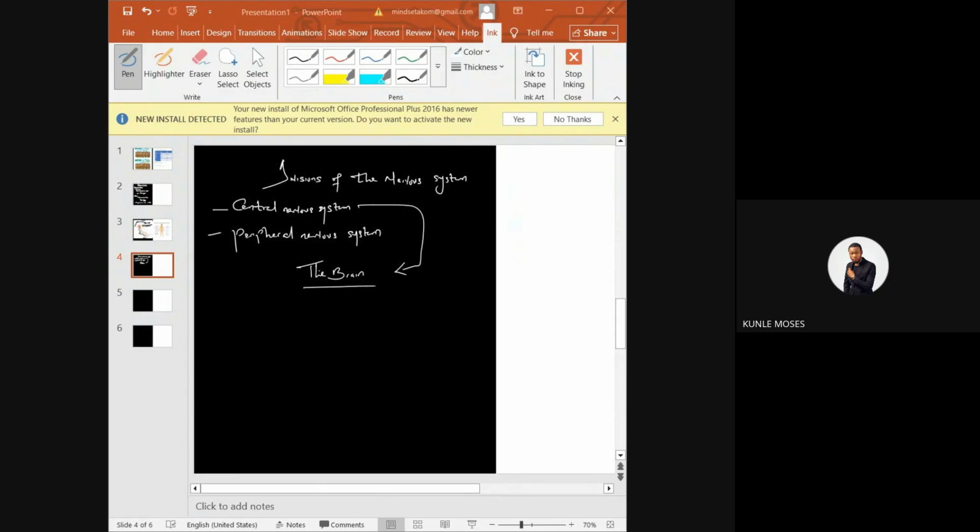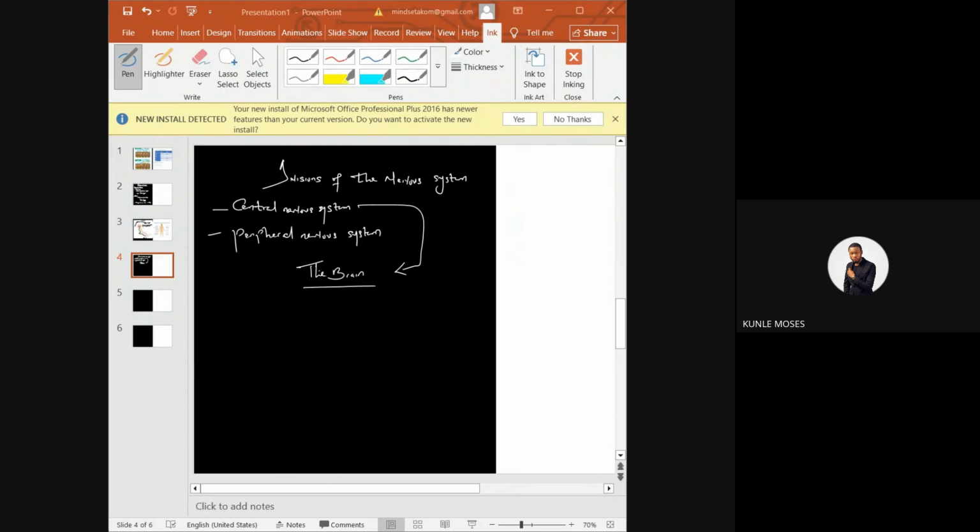I didn't give any definition, I'm just trying to explain what the spinal cord is. It is an extension from the brain down the backbone, the vertebral column, a packed cylindrical bundle of nerves.